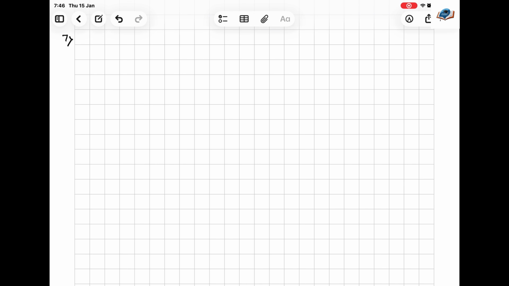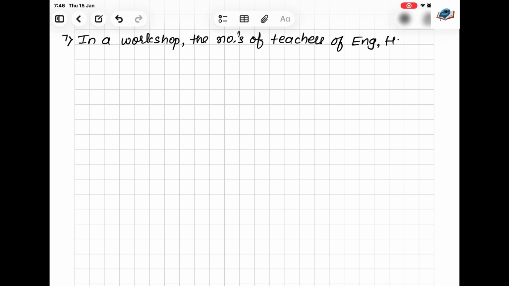Now the seventh question says, in a workshop, the number of teachers of English, Hindi and Science are 36, 60 and 84 respectively.